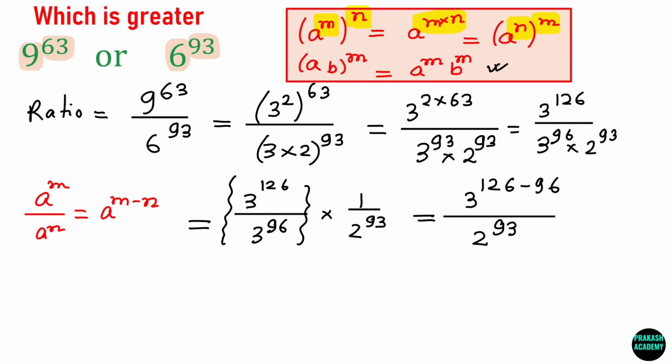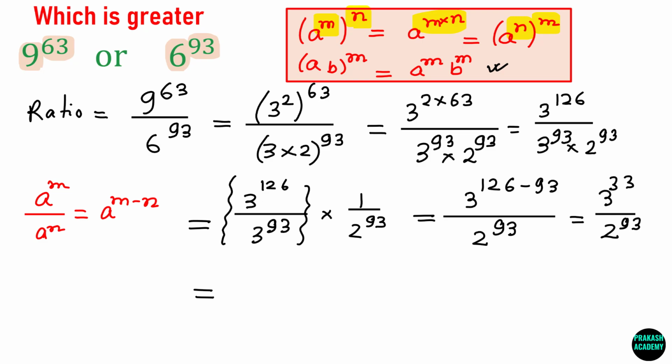Basically I made a mistake, this is not 96, this is 93. So this becomes 3 raised to the power 33 divided by 2 raised to the power 93.